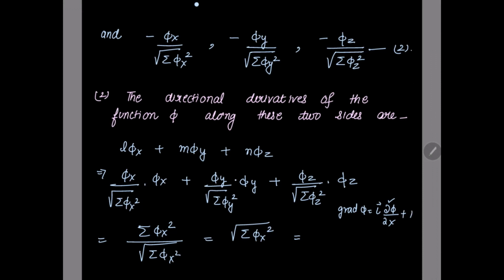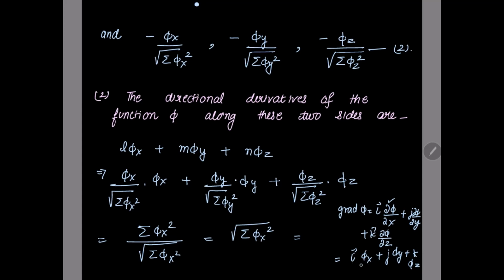So this is plus j curly phi over curly y plus k curly phi over curly z. This is equal to, now curly phi over curly x is your phi x, j, this is your phi y, plus k, this is your phi z. Now if you take the mod of grad phi, what is it? Yes, root of phi x square plus phi y square plus phi z square, right?